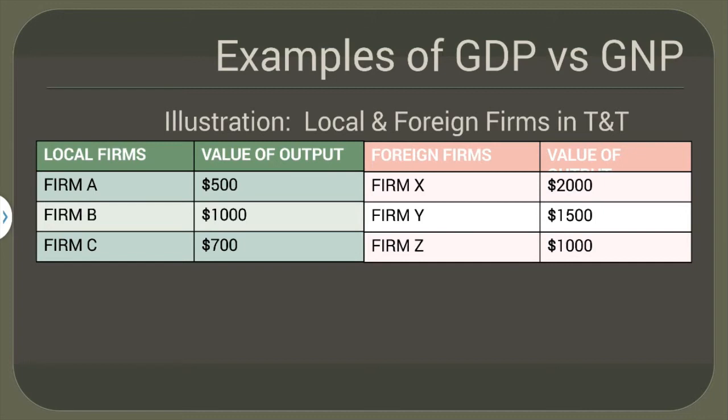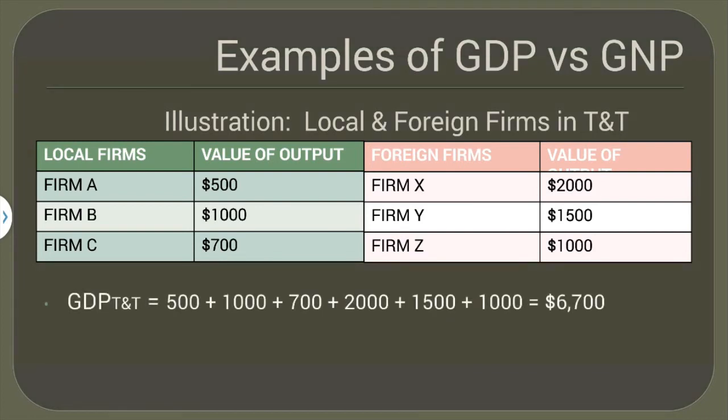So if we want to calculate GDP of Trinidad and Tobago, remember GDP refers to the value of output produced physically in that country. So we're going to tally the output of all these firms, whether they are local or foreign. It's going to be 500 plus 1,000 plus 700 plus 2,000 plus 1,500 plus 1,000.